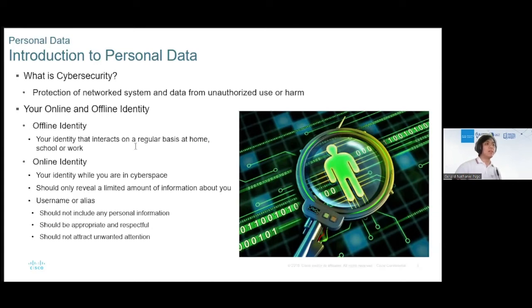So your identity that interacts on a regular basis at home, your school, your work, even when you are at home and when you are not at home, because burglars tend to get inside your house, even how many padlocks, how many security devices you put in place, even if you place, let's say, CCTVs with sensors and everything, even if you have dogs, if they bring bread that really smells nice, the dogs get hungry, they could just feed the dogs. And that basically just means all security, even till now, could be circumvented with enough time.